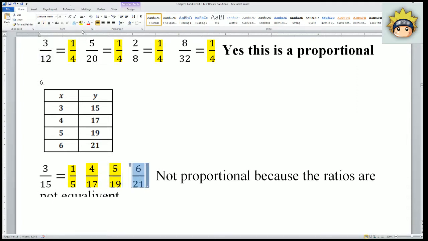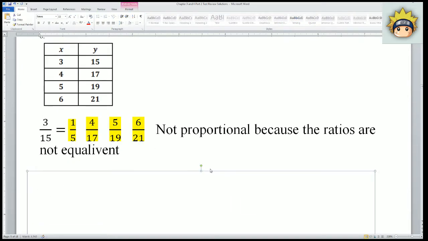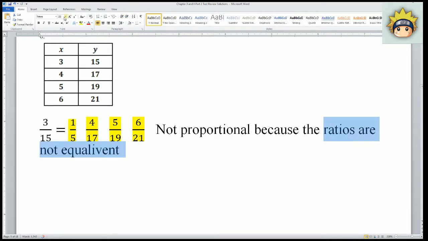And 6 over 21 is just 6 over 21. If you plug that into a calculator, you're just going to get an ugly decimal. Look, all these 4 ratios are not equivalent. Because they are not equivalent, we say they are not proportional.